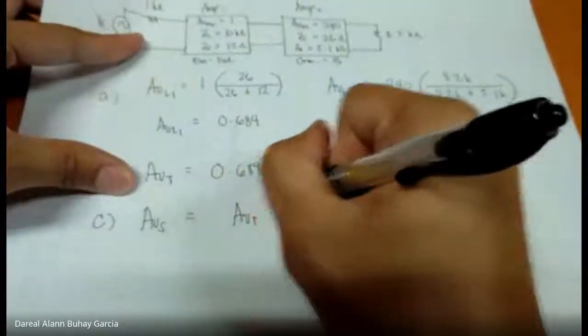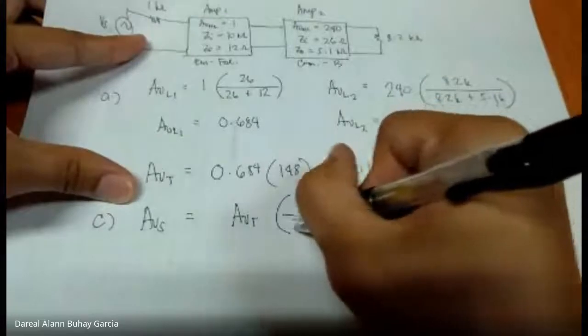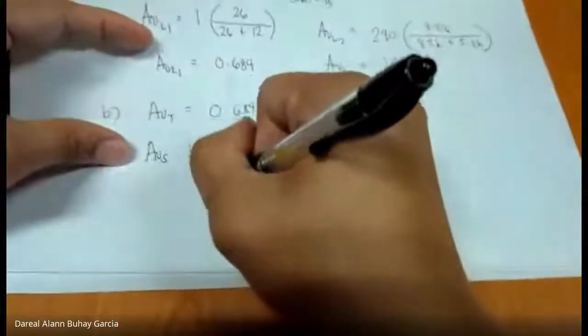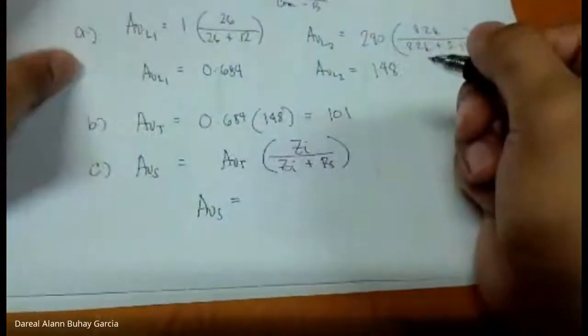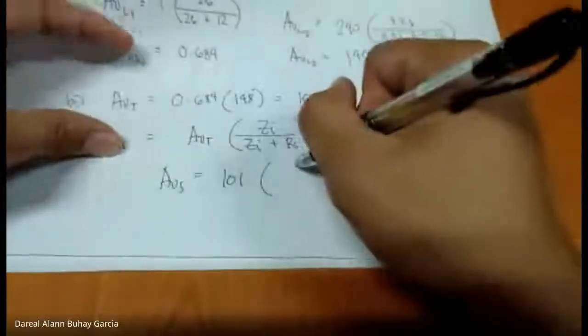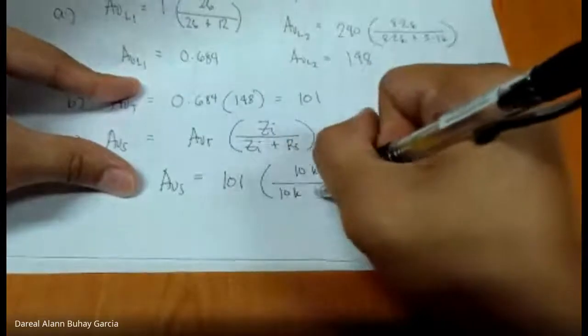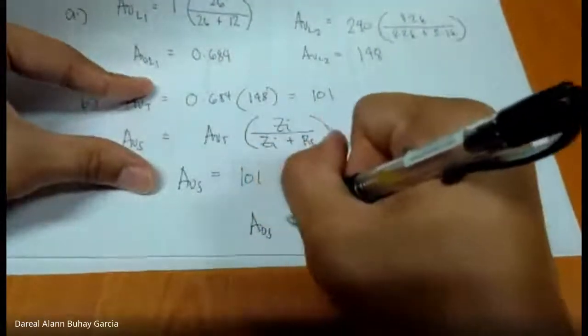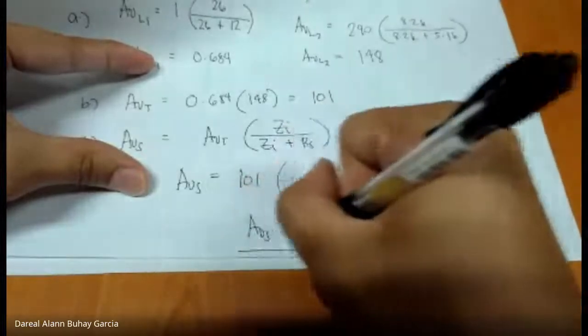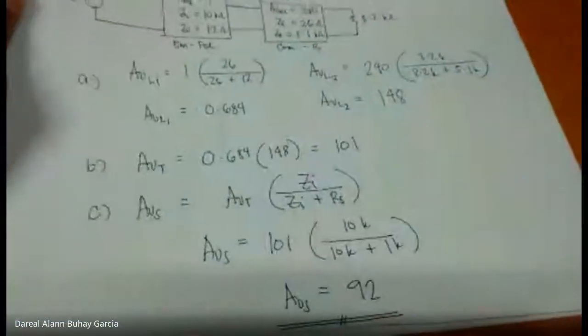So it's AVT times Zi over Zi plus Rs: AVT is 101, Zi is 10K, Rs is 1K. So the overall gain is 92.